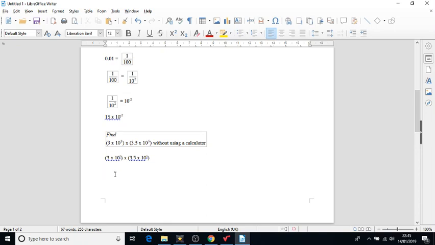We collect the like terms, we arrange them together. So here's what we're going to do. We're going to do 3 multiplied by 3.5 in one bracket, and we're going to do 10 to the power of 2 multiplied by 10 to the power of 5.